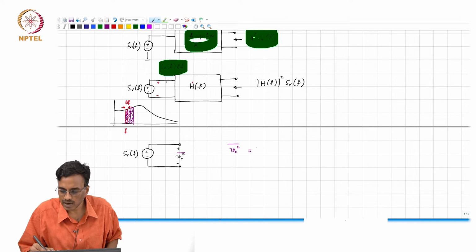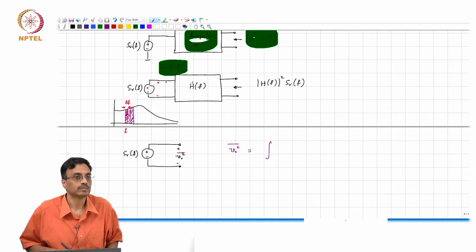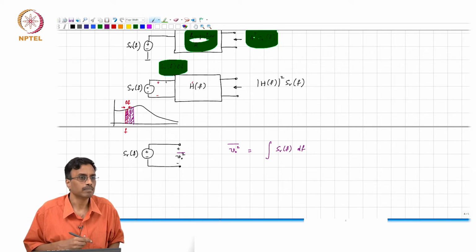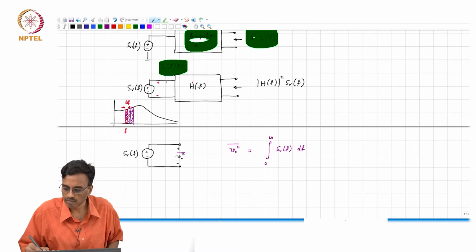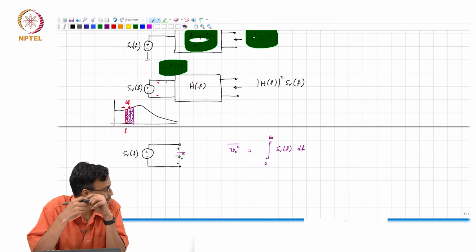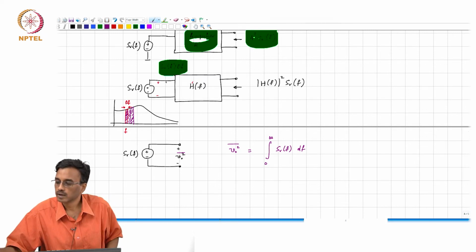So, this is nothing but the integral of SV of f df from 0 to infinity.